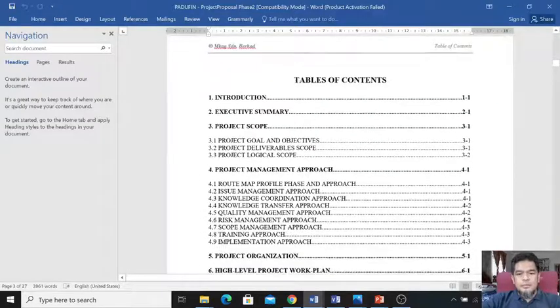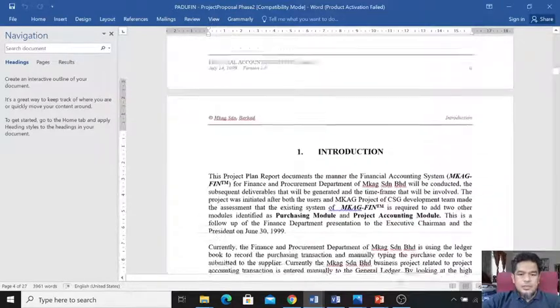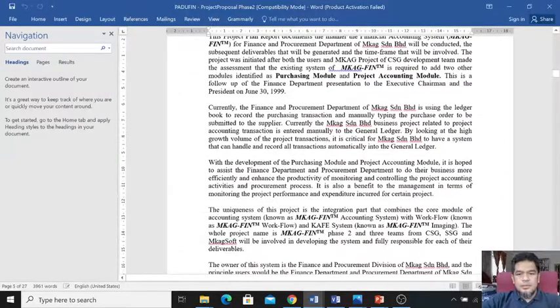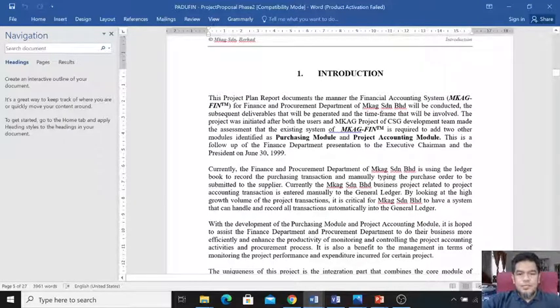If you look at the table of contents of this sample project proposal, it starts with the introduction and executive summary. So let me go to the introduction. The introduction talks about the system and also the background.